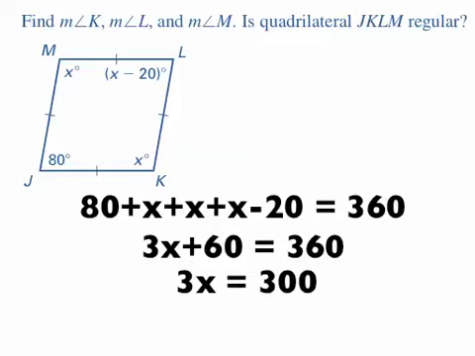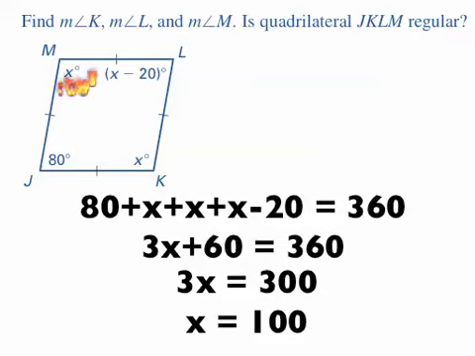Subtract 60 from both sides, you get 3x equals 300, so x equals 100. Now, to find the measure of the missing angles, I know that M and K are both going to be 100 degrees, and I know that L is going to be 100 minus 20, or 80 degrees.